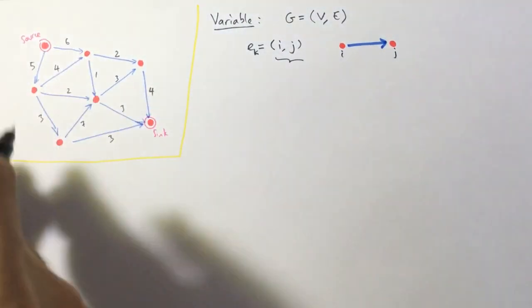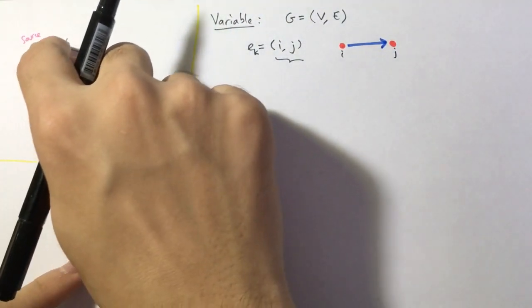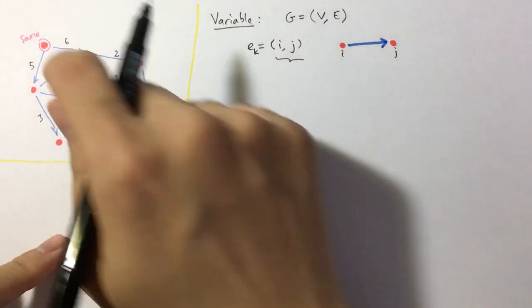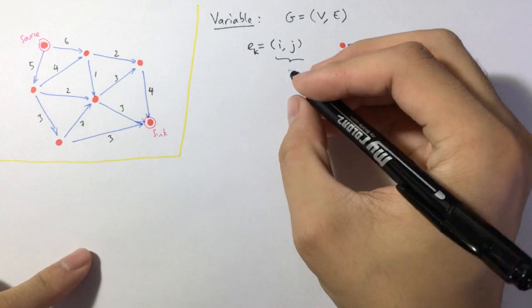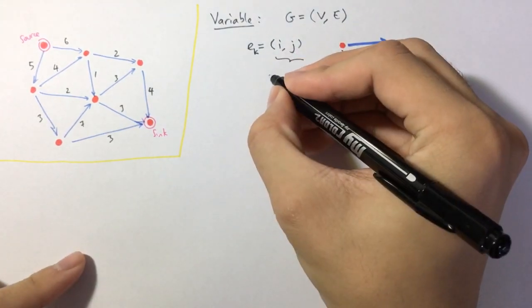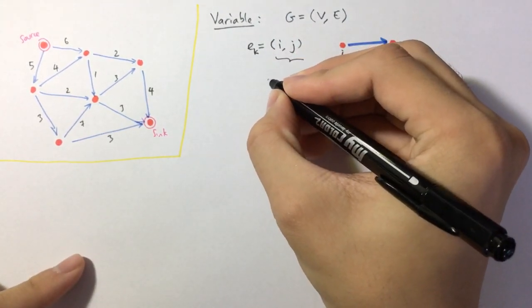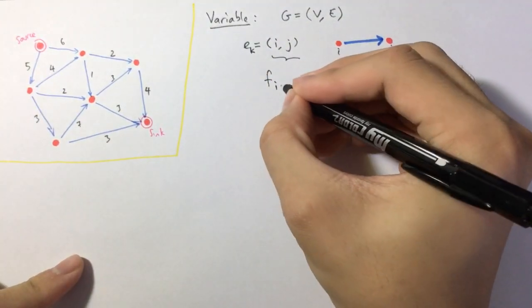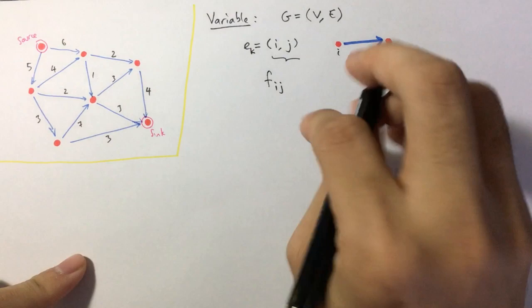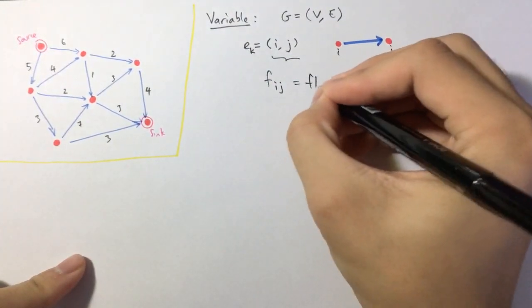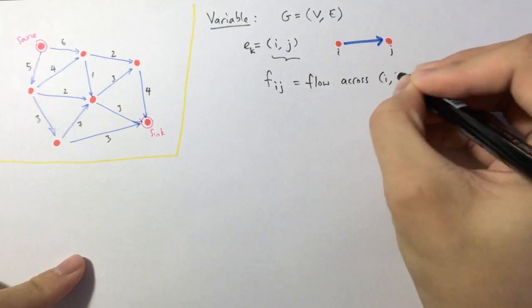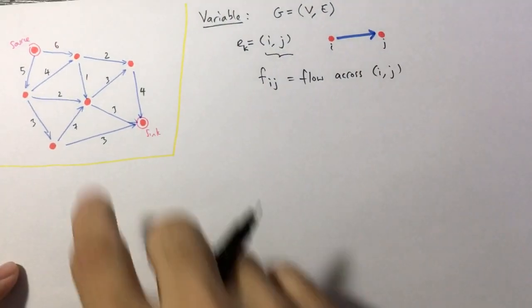We want to represent the flow going from, for example, this vertex to this vertex, or the flow that will actually happen in this edge. We can use a variable, for example f for flow. We're going to say it's the flow from i to j, and this will be the flow going across the edge ij in our graph.